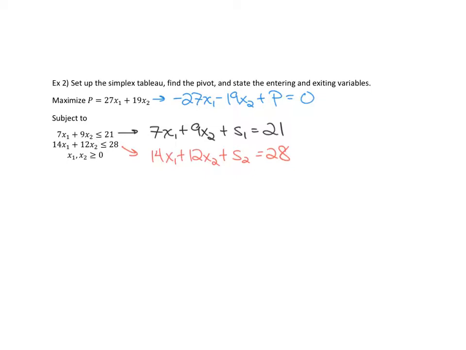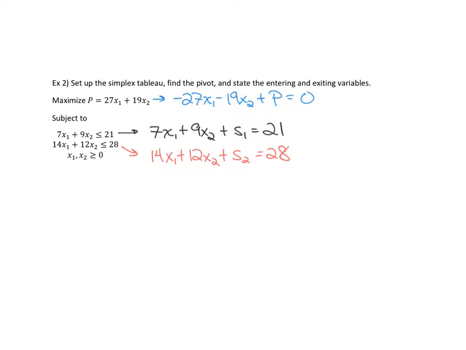And again, with this optimization equation, this objective function up here, you want to make sure the P is positive. That's the only thing that is being asked of you here. So the second step, again, is the simplex tableau.